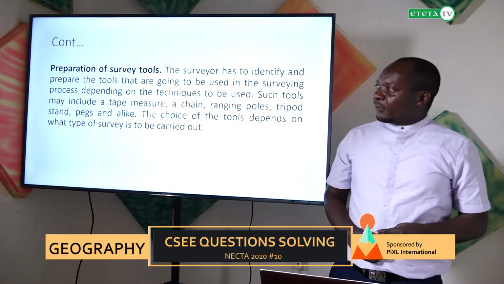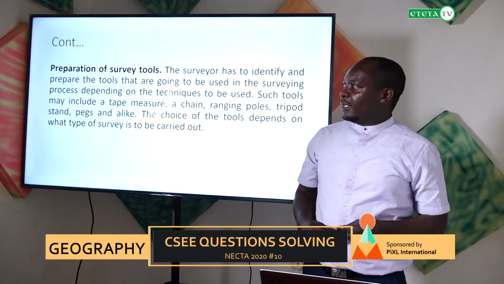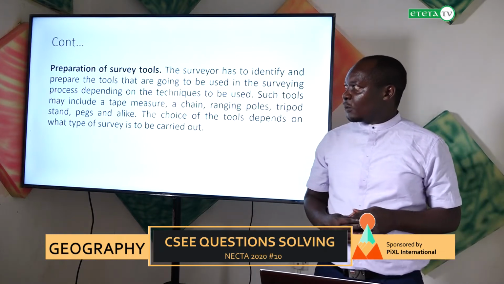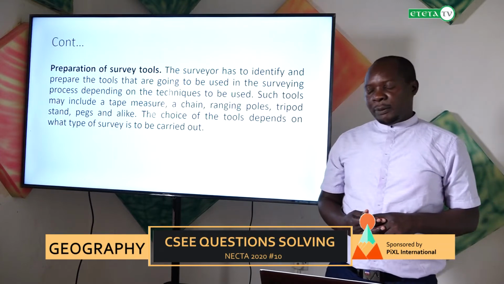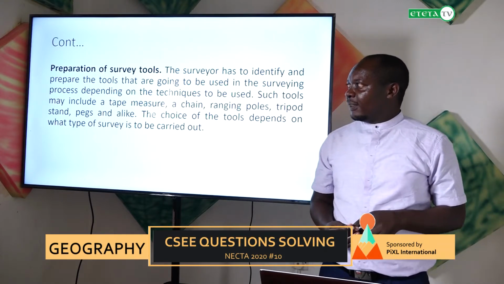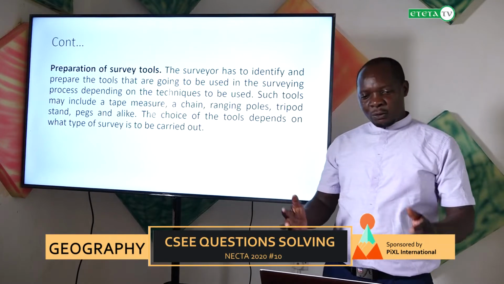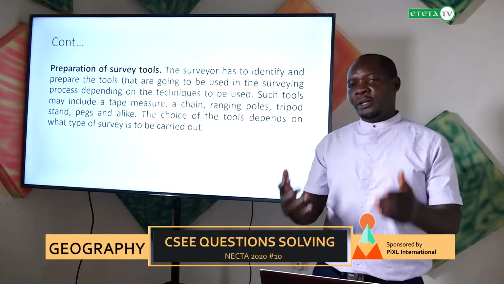Number 2, after identifying the area to be surveyed, the surveyor has to prepare the tools: preparation of the survey tools. Basically, these are the tools and techniques that are going to be used in collecting information during the surveying process.